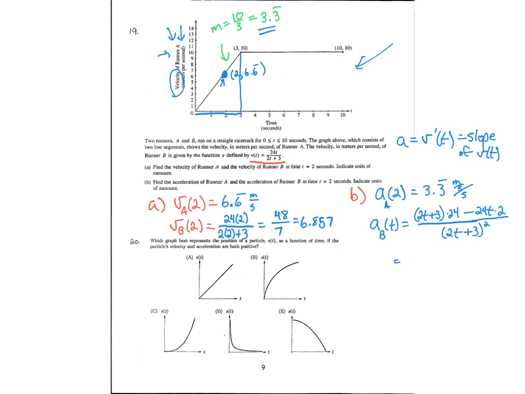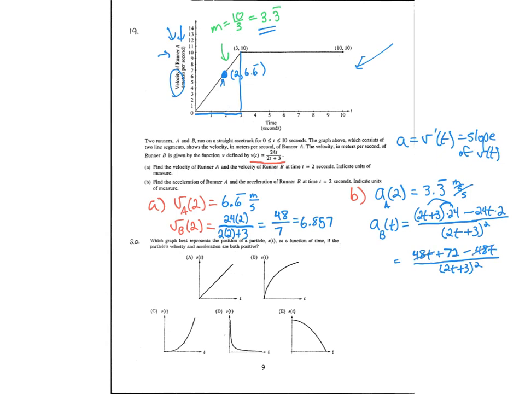If we were to simplify that out, we'd end up with 48t plus 72 minus 48t, all over (2t plus 3) squared. And those 48t's are going to cancel out.